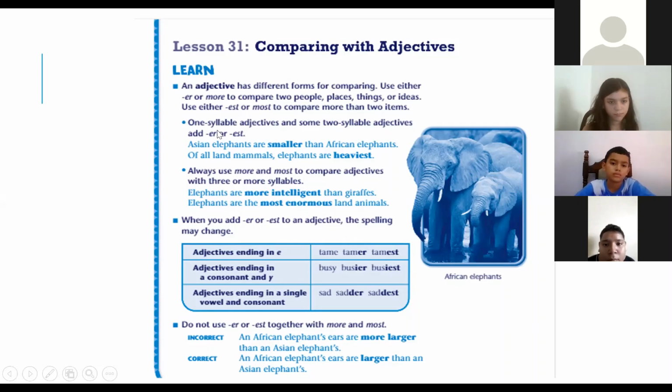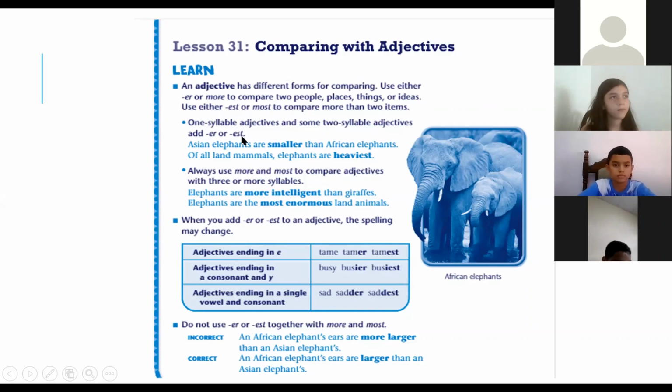So when are you going to use, for example, ER or more, or EST or most? One syllable adjectives and some two syllable adjectives add ER or EST. Always to the one syllable adjectives, you are going to add ER or EST.